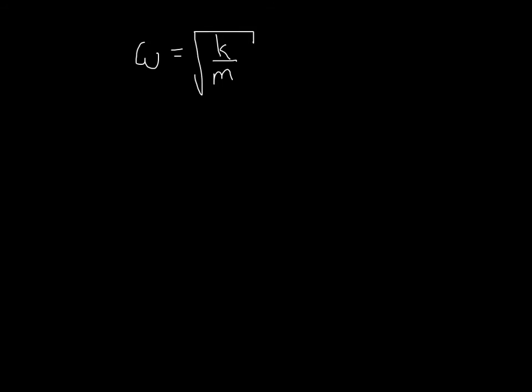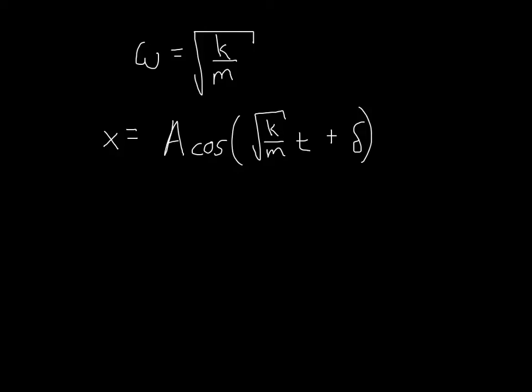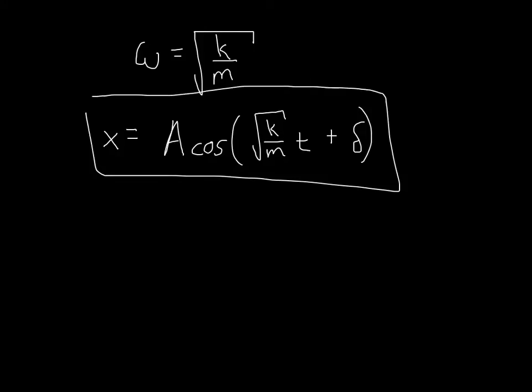So if I plug this into my equation for position of a harmonic oscillator, my position x is equal to a times cosine of omega t, where omega is the square root of k over m, times the time, plus a delta. This is the most general equation for a harmonic oscillator describing a spring.